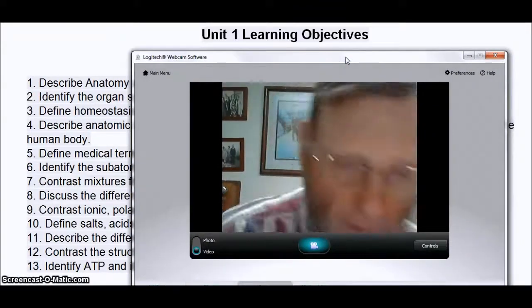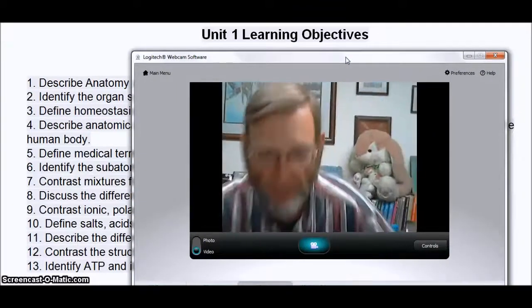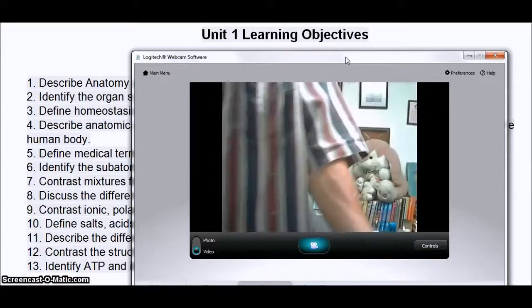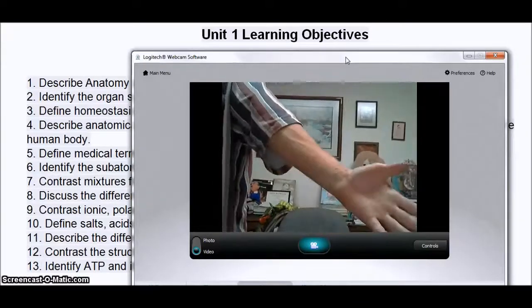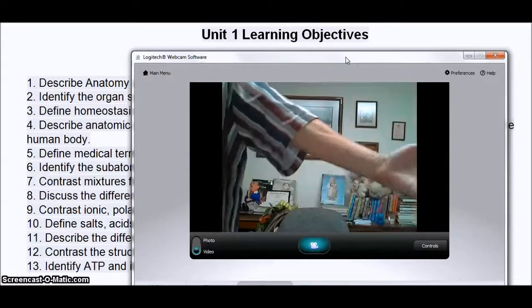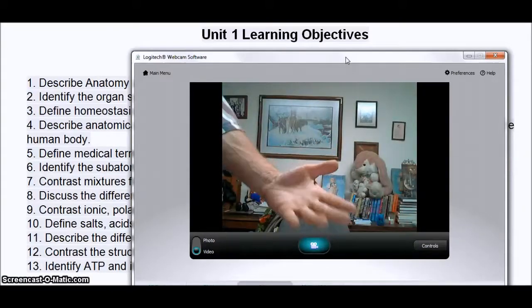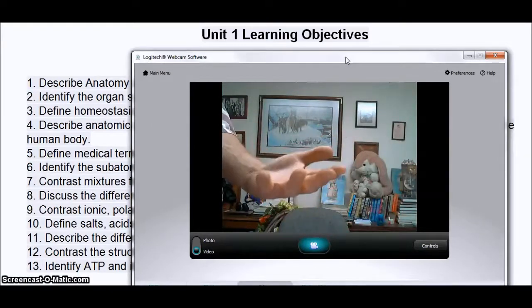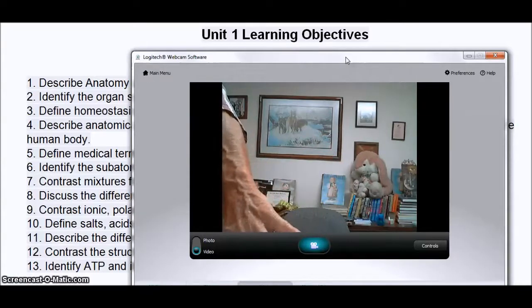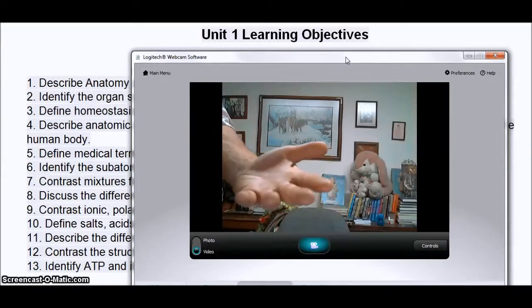Supinated is like this, like how you could hold a bowl of soup. This is pronated. Your thumbs are towards your body. So with your hands in this position, this is the anatomical position.